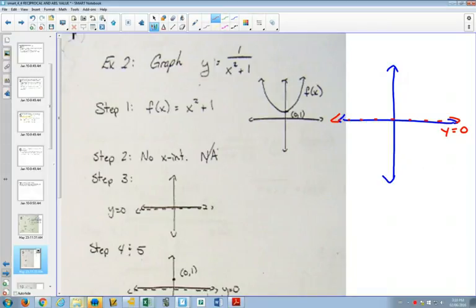What are some points that we know? Well, this one's going to be important because it's a minimum at 0, comma 1. So we're going to have 1 over 1, which stays 0, comma 1. What's another point that you know on your graph? 1, comma 2. What's going to happen to 1, comma 2? 1, comma 1 over 2.